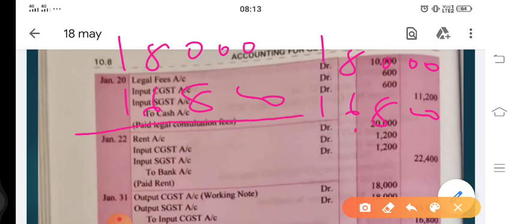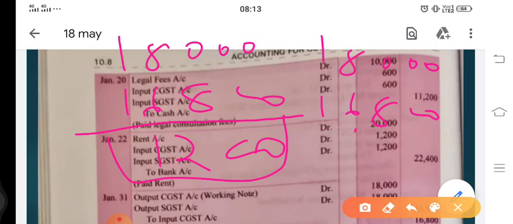So what will I do? I will simply deduct this 16,800 that I have paid for input from the output. That means 18,000 minus 16,800 comes to 1,200. So 1,200 is the amount that I have to pay to the government for CGST, because 18,000 I have collected but I already have paid 16,800.